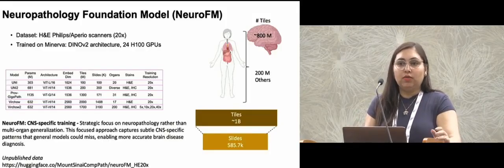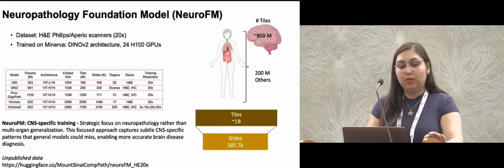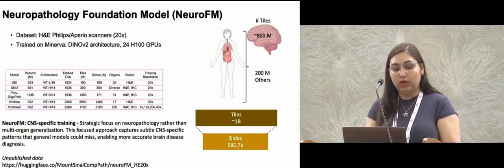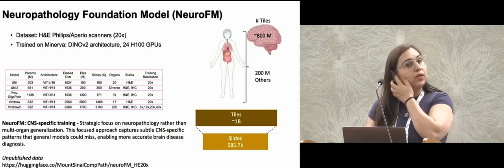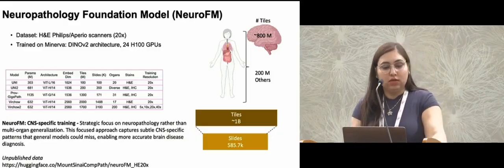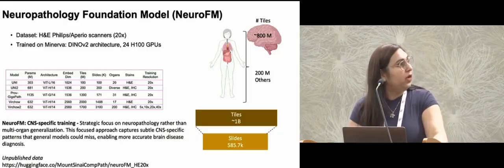This work is currently unpublished, we are working on the manuscript, but we have released the model on Hugging Face. If anybody would like to test it out on their downstream tasks, feel free to do so. The link is available at the bottom.